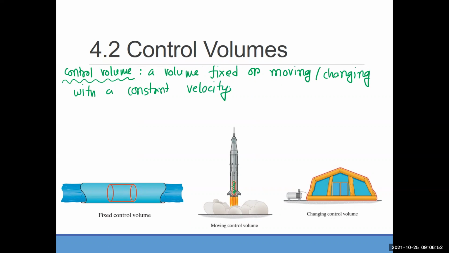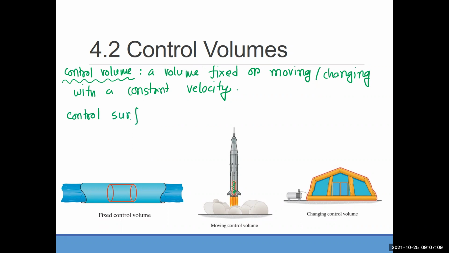Okay, so that is the control volume, and we can have fixed control volume, moving control volume, and changing control volume.